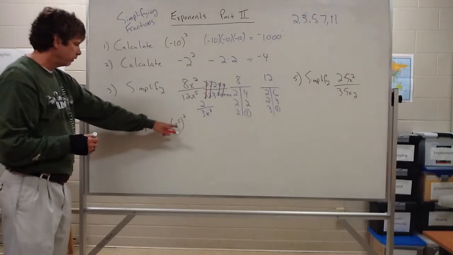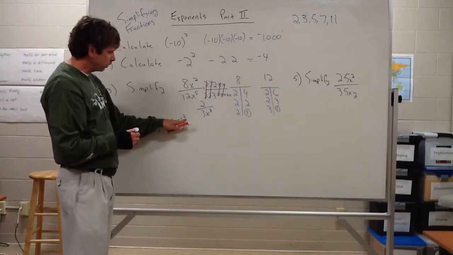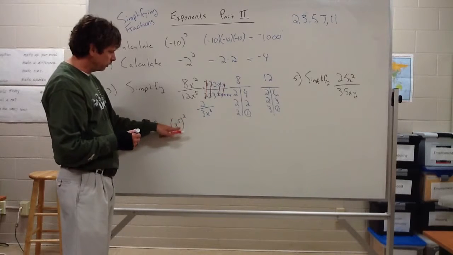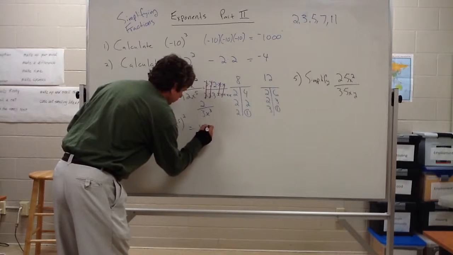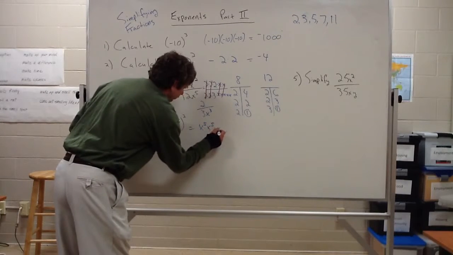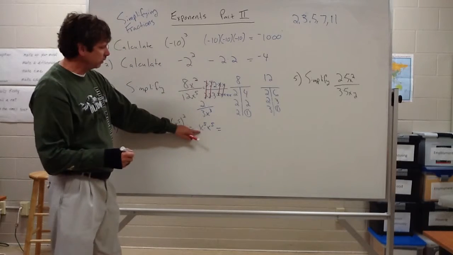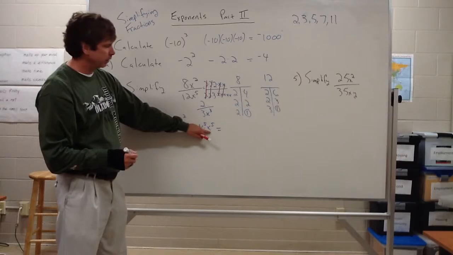Our next example we have x to the 5th, squared. Looking at the outside exponent, this tells me that there are 2 of these. So I have x to the 5th times x to the 5th. To simplify this, we know that this means 5 x's multiplied together, and this is 5 more x's multiplied together.